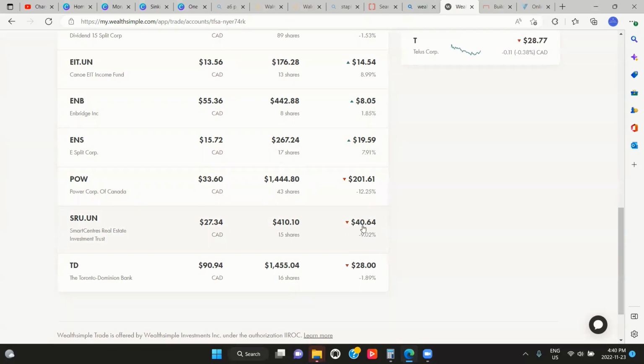I think the good thing about this SRU is if you don't have a lot of money to buy real estate, it's a good idea to buy REITs. REIT stands for Real Estate Investment Trusts. So they buy big complexes, like shopping malls, apartment buildings, complexes like that, and they rent it out to people and collect rents. So they then pay out their investors in the form of distributions.